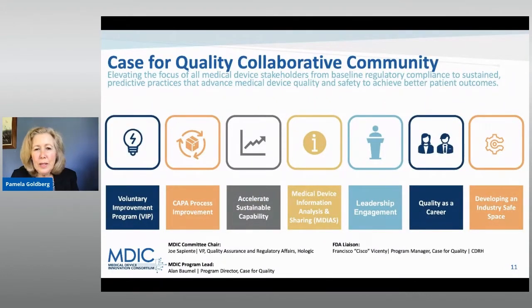Our case for quality is really one of the first initiatives that we started when we created MDIC 10 years ago, and quality is core to everything all of us do, but being able to do a number of initiatives under this engages the entire community and makes quality front and center as opposed to just a necessary evil. Next slide.